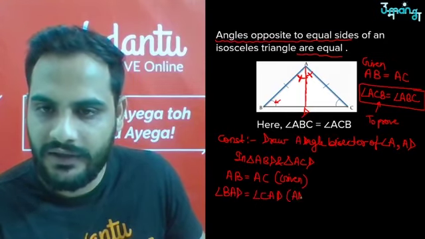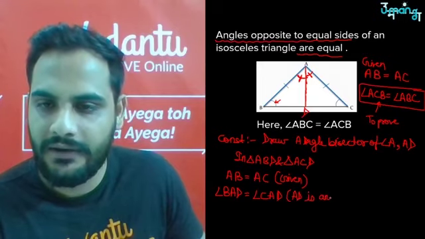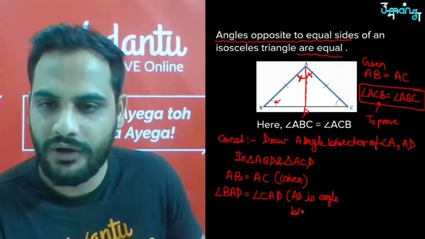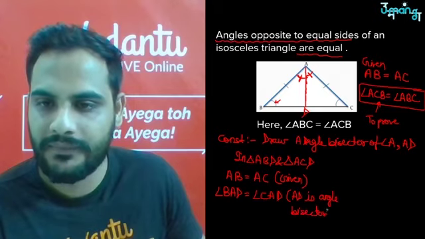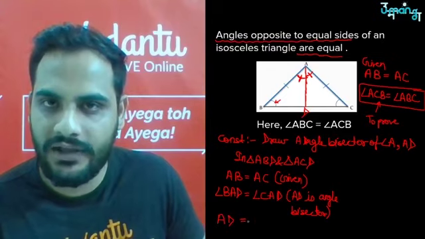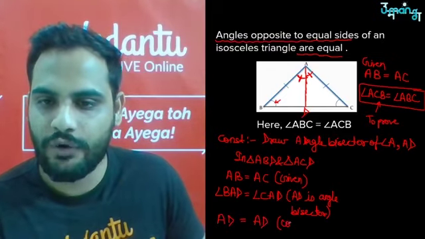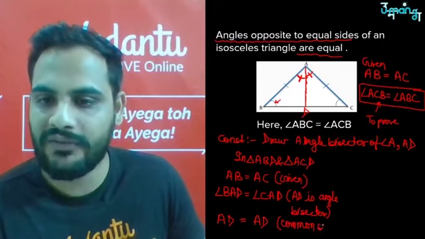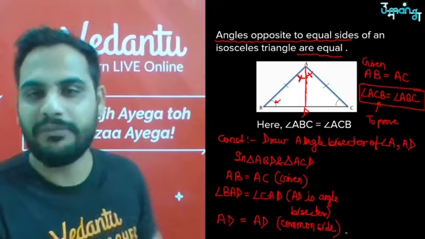The reason is AD is the angle bisector. And then after that, I can say AD is equal to AD because it is the common side, so its length will be the same in both.